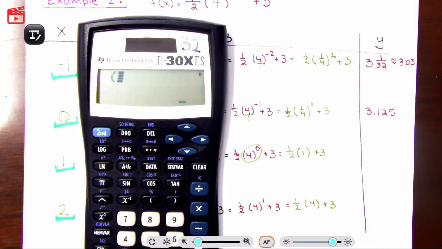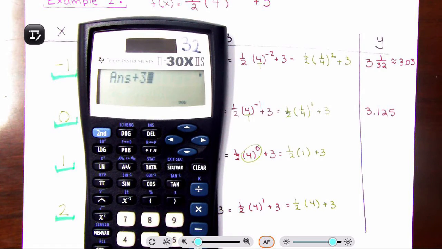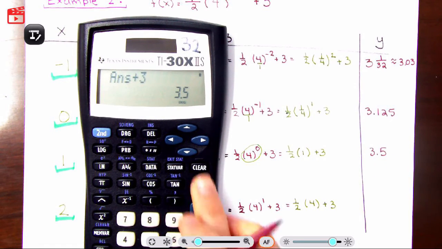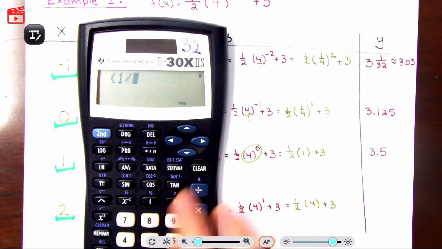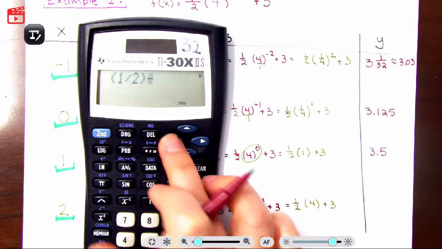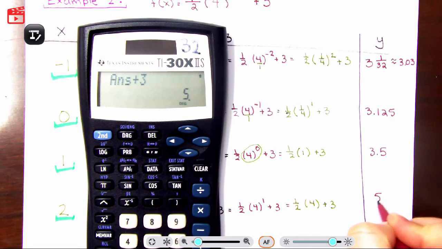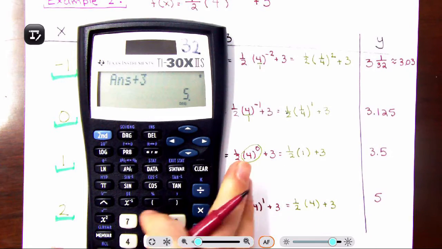Let's do that one more time. 1/2 times 1 plus 3. I have 3.5. And I have 1/2 times 4 plus 3 is 5. So you can see it's getting from small to big and then really big.